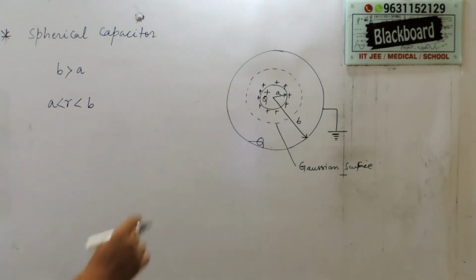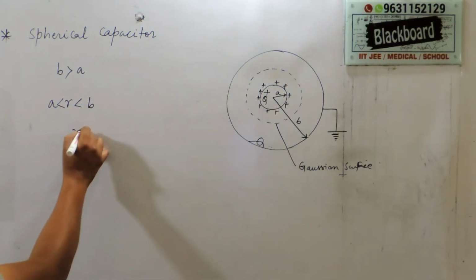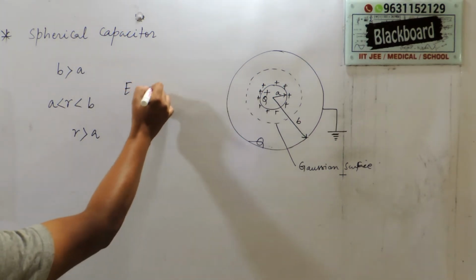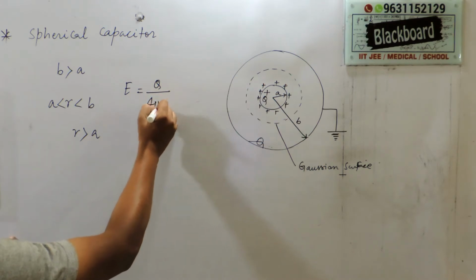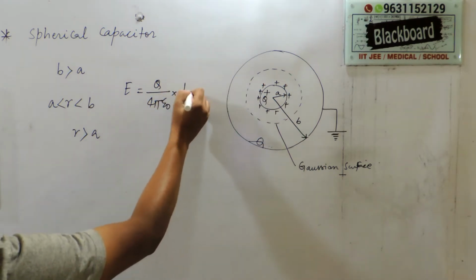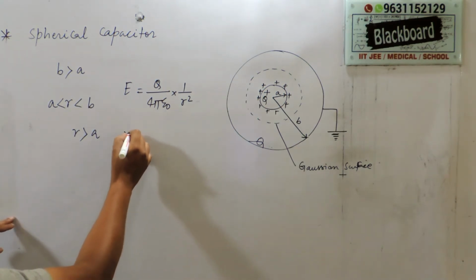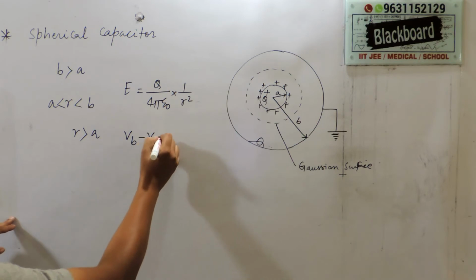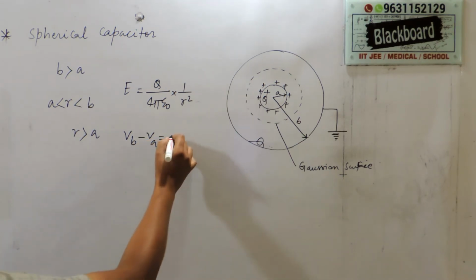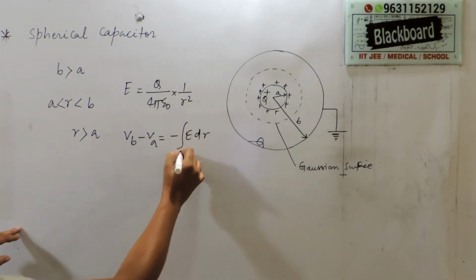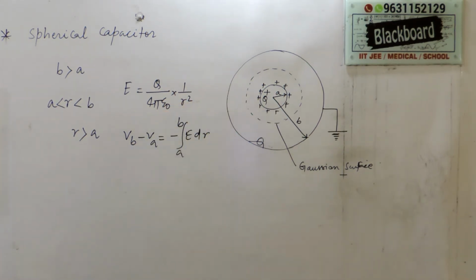From Gauss's law, the electric field at a distance r greater than a is given by E equals q by 4 pi epsilon naught into 1 by r square. Now the potential difference is VB minus VA, which equals minus integral of E dr from a to b.